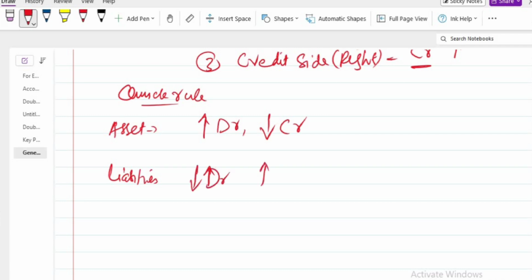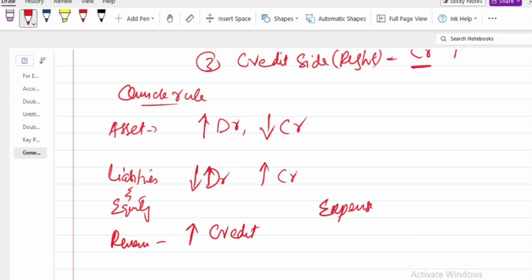Same for equity. In case of revenue, when revenue increases, that will be credit. When expenses increase, that will be debit, and if they decrease, then it will be credit. Clear?